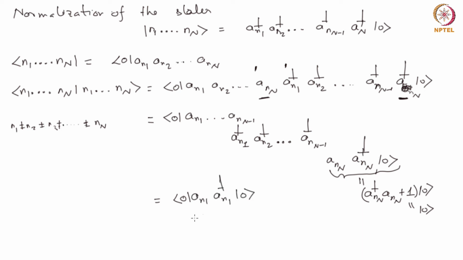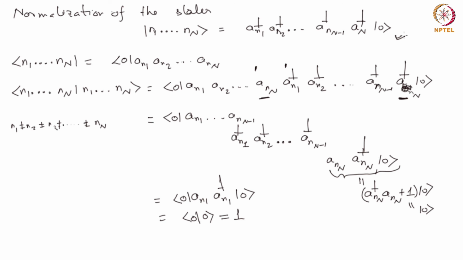This will be the last one which will be left, and then again the same step. You will have this, and if you say that my ket 0 is normalized, meaning this product is 1, then I got 1. Okay, which means that the state with which we started this one, this is already properly normalized, so I don't have to do anything.